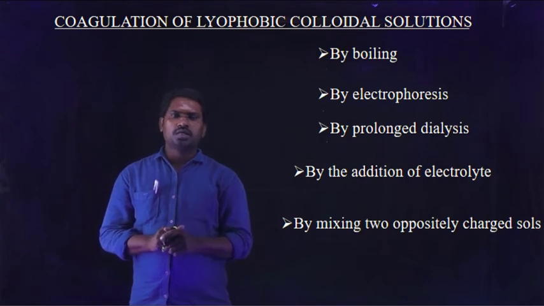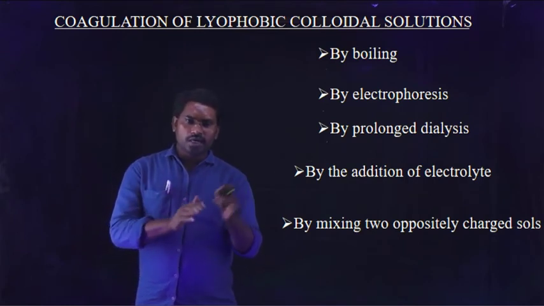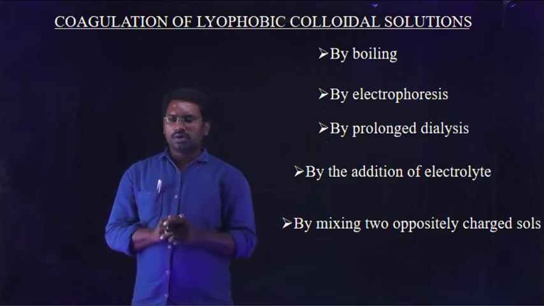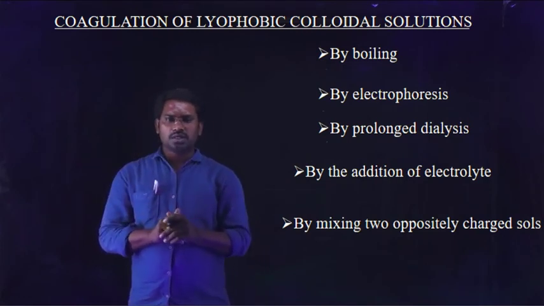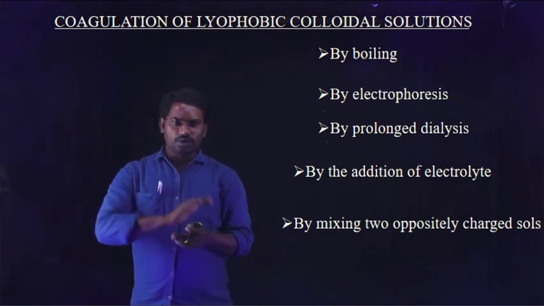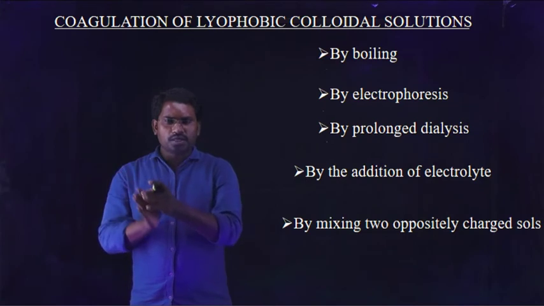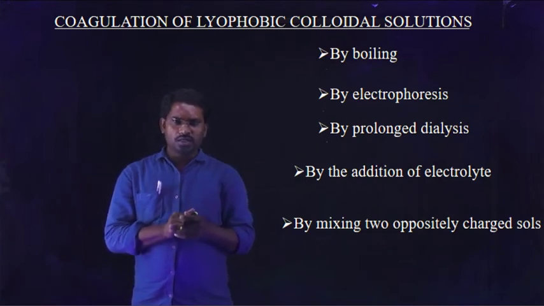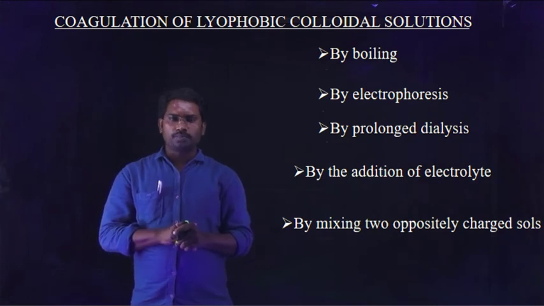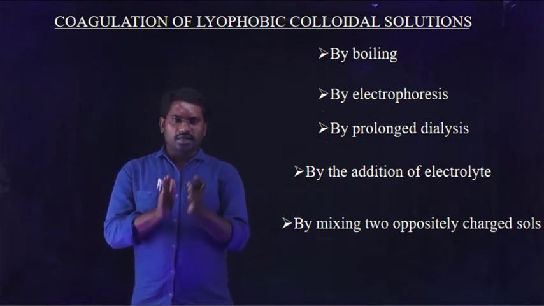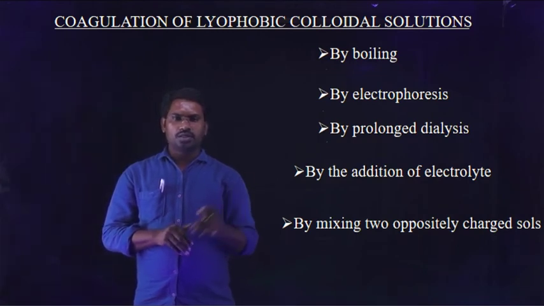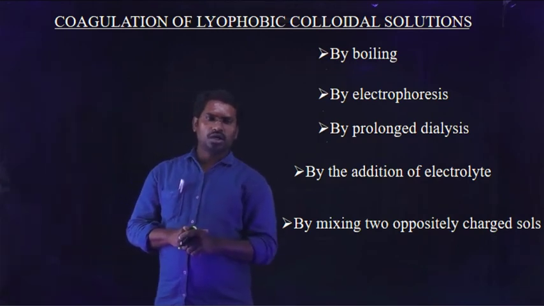By prolonged dialysis, when the dialysis process is continuous, the charged particles present in the given colloidal solution will be removed. Automatically, the charges present on the colloidal solution are reduced, attraction takes place, and finally they are precipitated.